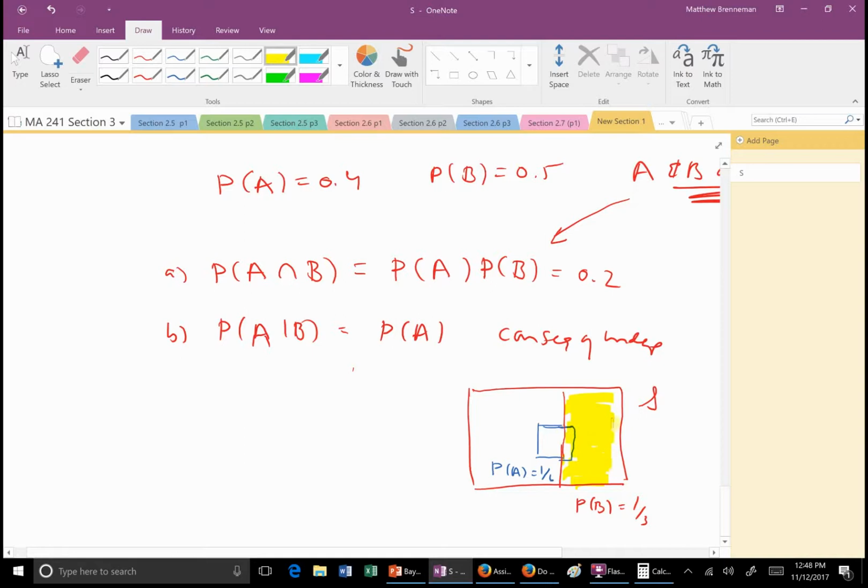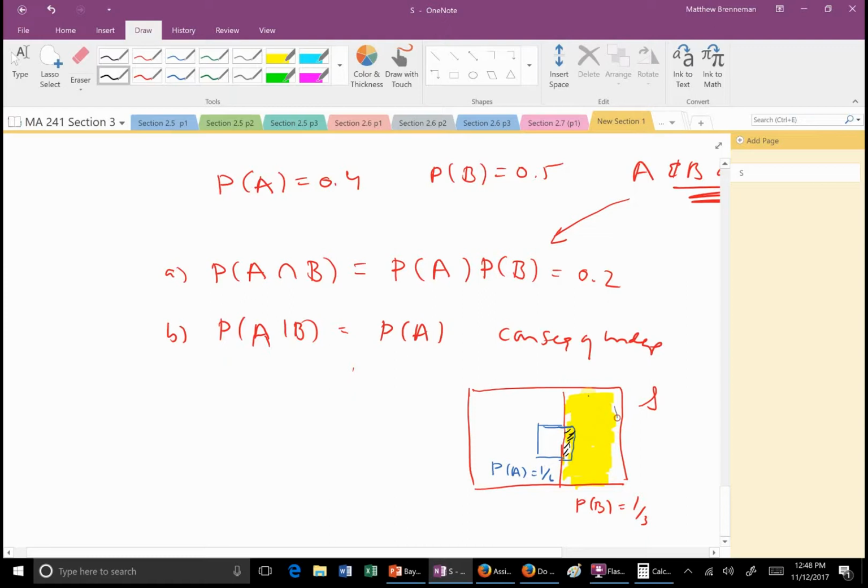So this means that 1 out of 6 of the elements in S are in A. What it means for A and B to be independent is that this area right here is 1/6 of the yellow area. In other words, if I look at the elements of B, 1/6 of them are A. In other words, B looks just like the sample space to A. If I'm in B, there's 1/6 of A in here.